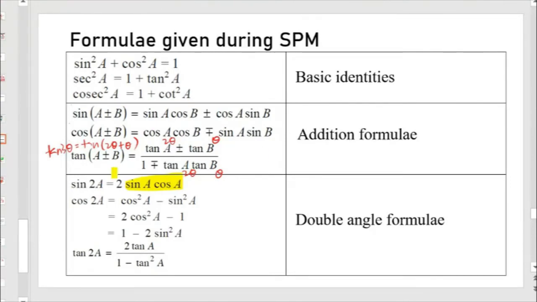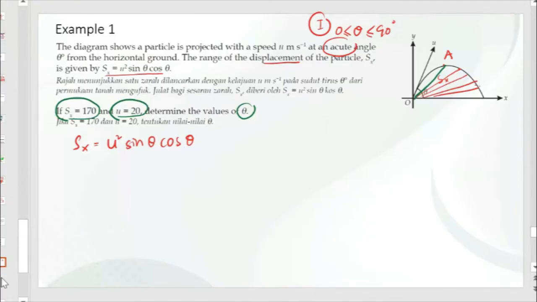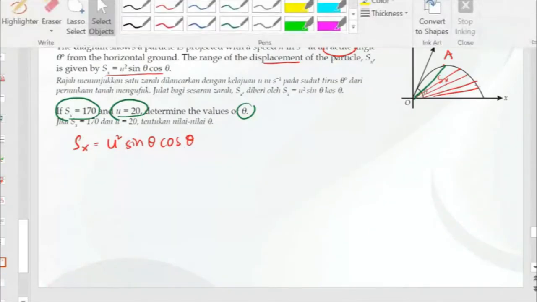So that we can change the sine theta, cos theta to become sine 2 theta. Okay, so we can use the double angle formula for sine. This is the most suitable one. The rest are not so suitable.